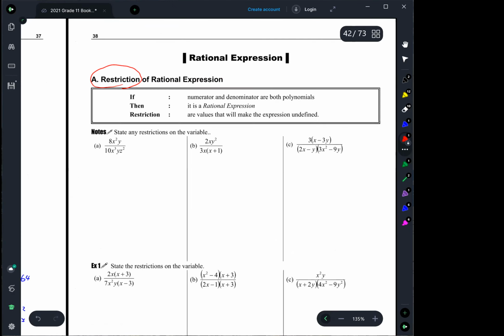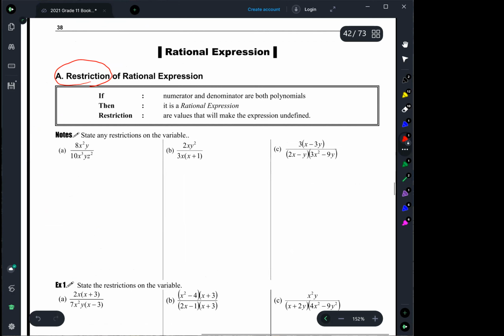When you have a fraction, what kind of restriction do we have, either on numerator or denominator? Does anyone remember? Restriction means something you cannot do. What kind of things can you not put in a fraction?